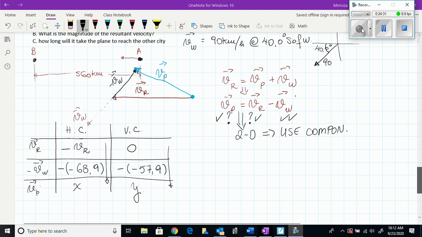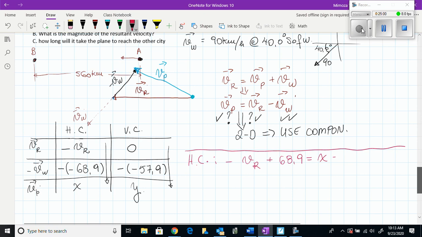Since it is 2D, we use components. This is the table of components, and for the velocity of the plane, the horizontal is x and the vertical is y. It's exactly the same as we have done before in class. So now, from the horizontal component, we have negative VR plus 68.9 is equal to x, which is the horizontal component of the velocity of the plane.